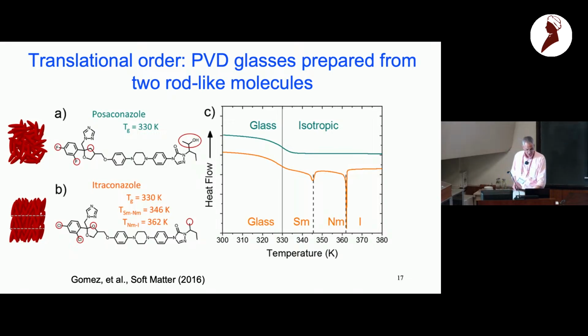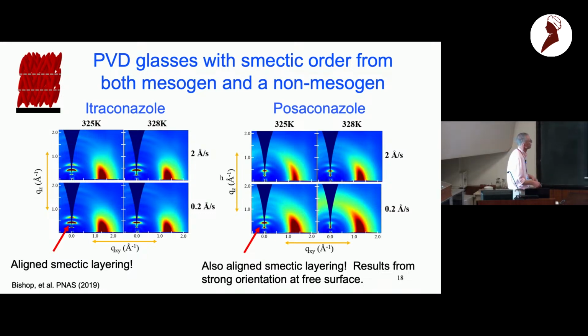So we're going to vapor deposit each of these molecules. Let's start here. This is the mesogen. This is itraconazole. So this is the scattering of a smectic liquid crystal, an aligned smectic liquid crystal, because the orientation has to be the same everywhere in the film.